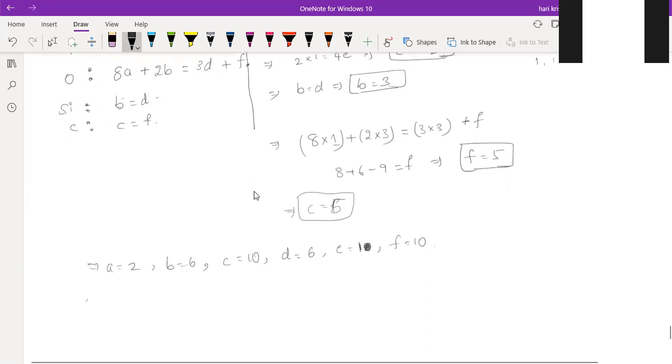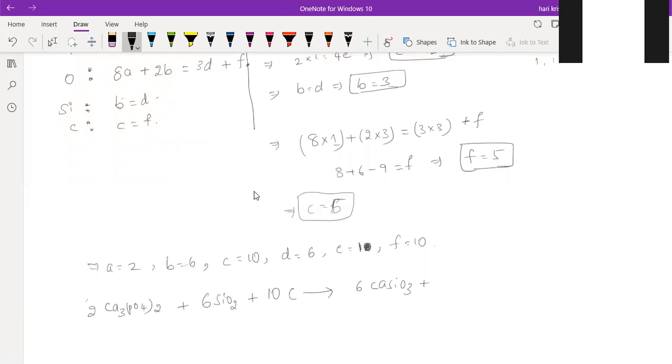Now write the equation once. 2Ca3(PO4)2 plus, what is the B value? 6 SiO2 plus 10 carbon. 10 carbon will give 6 CaSiO3 plus 1 P4, plus what about F? 10 CO, 10 carbon monoxide.